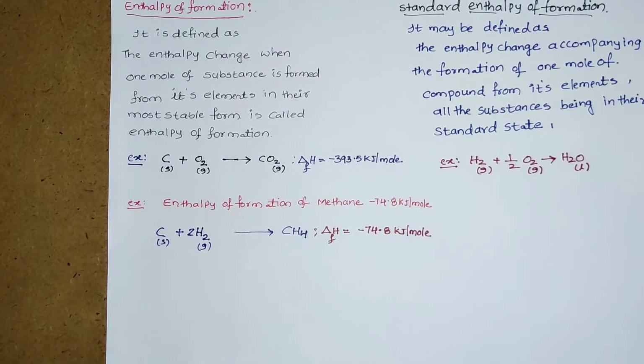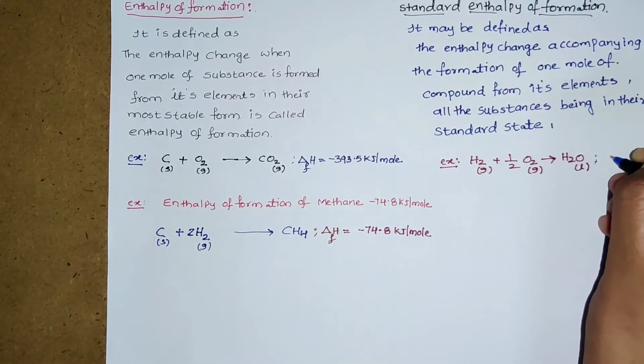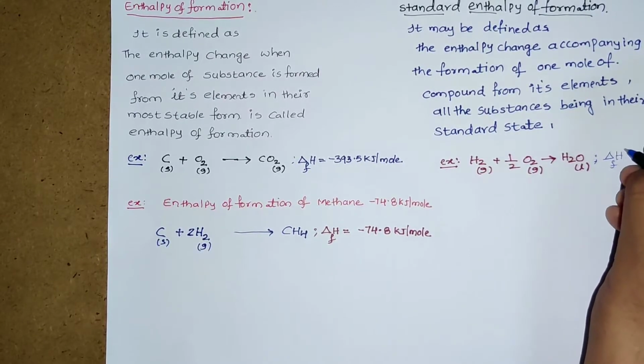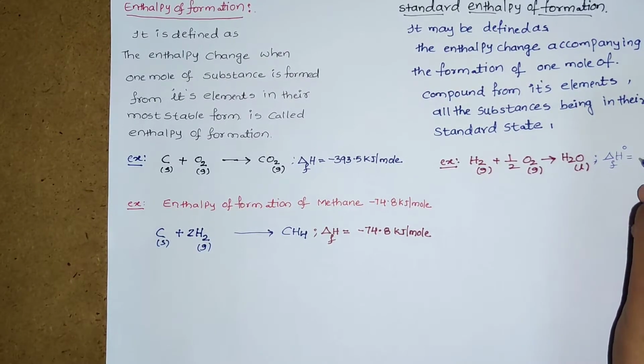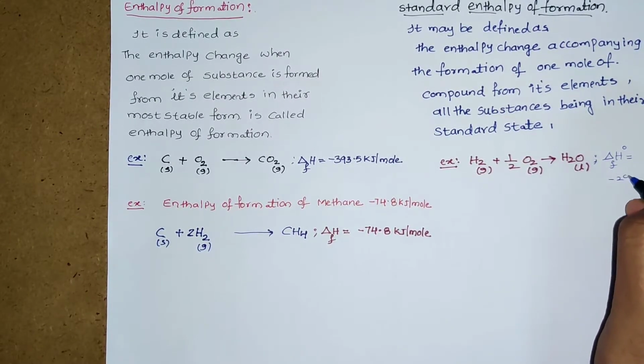So all are in standard state, then the standard enthalpy of formation, delta f H naught, is equal to minus 285.8 kilojoule per mole.